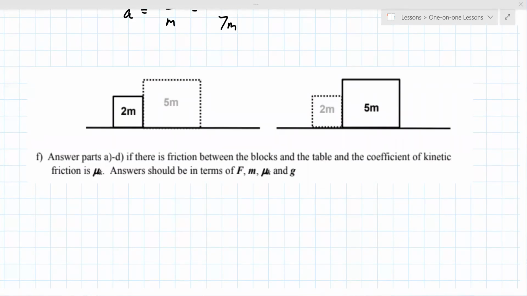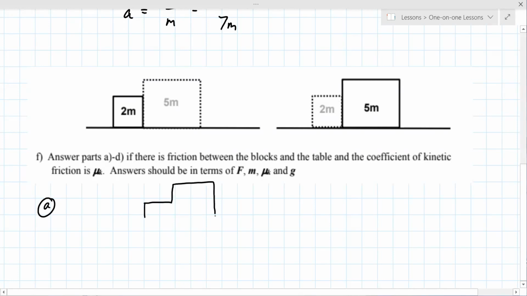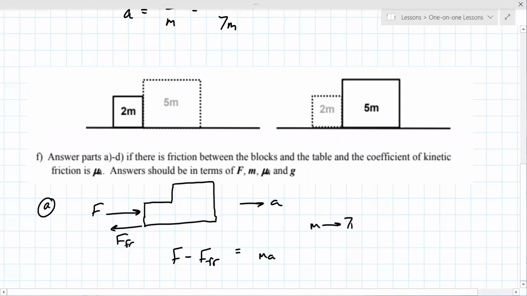If we think about all the forces acting on the system, for part A, we have F, and the force of friction, Fk, going the other way. The sum of the forces equals mass times acceleration. We have F minus the force of friction equals ma, but m is really 7m, because it's 2m plus 5m.